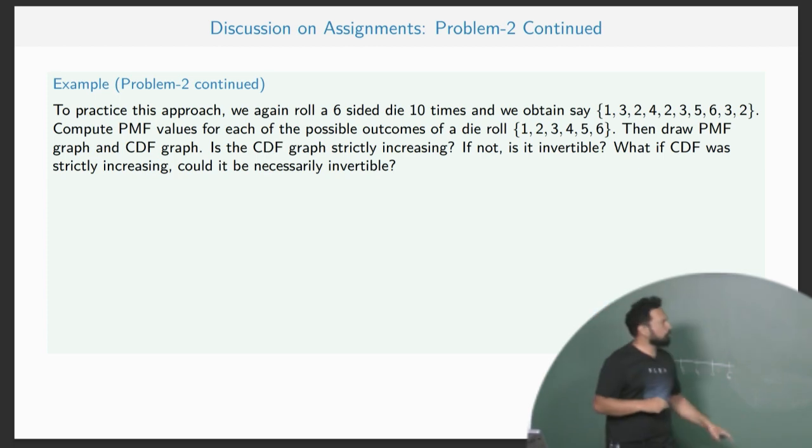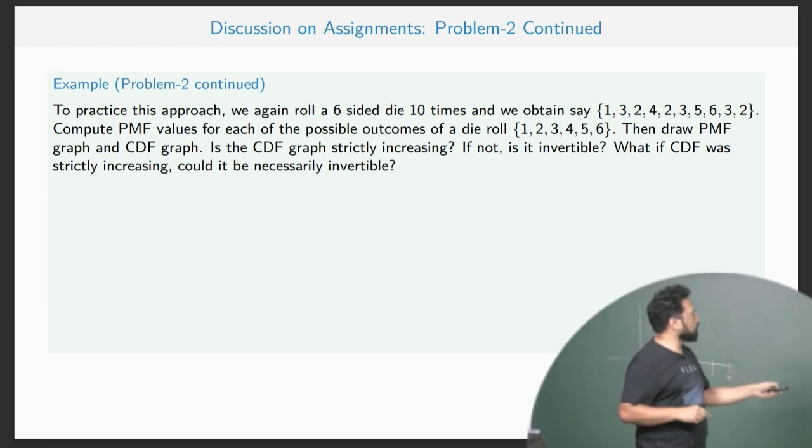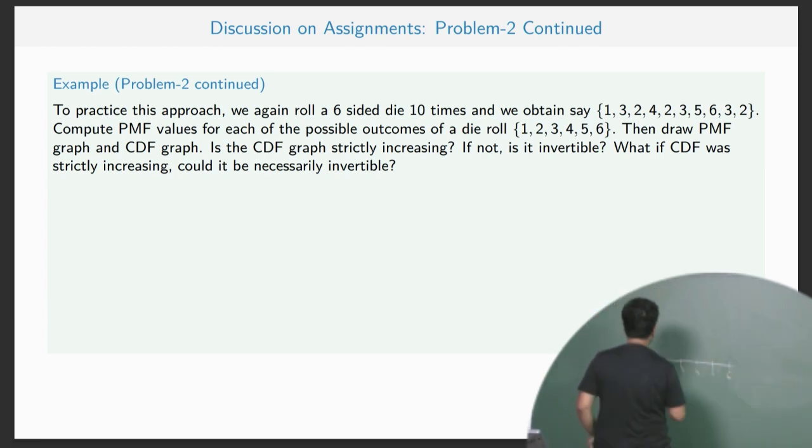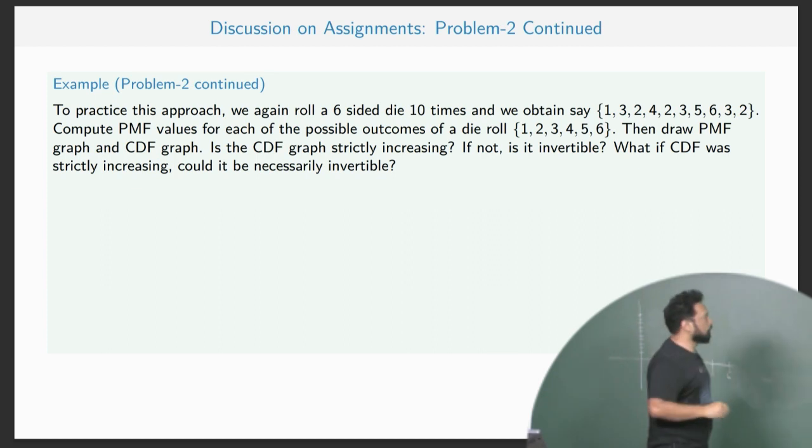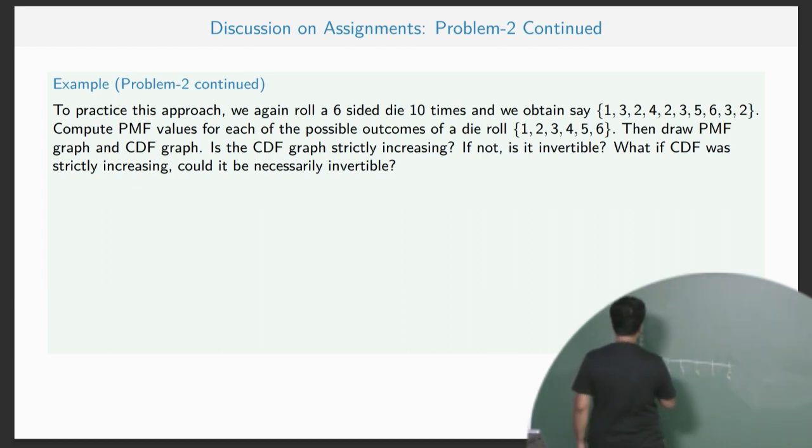At 1, what is the value? It is 1 over 10. Let us do 10 divisions: 1, 2, 3, 4, 5, 6, 7, 8, 9, 10. So 1 is 1 over 10, and 2 is 3 over 10.